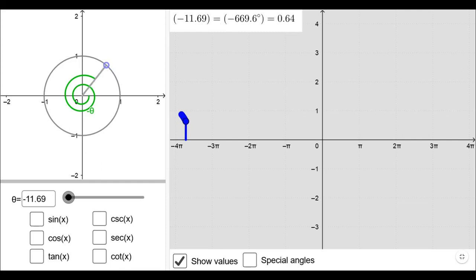Here cos x is 0 whenever x is an odd multiple of pi by 2. That means for all (2n plus 1) into pi by 2, it is equal to 0, where n is an integer.